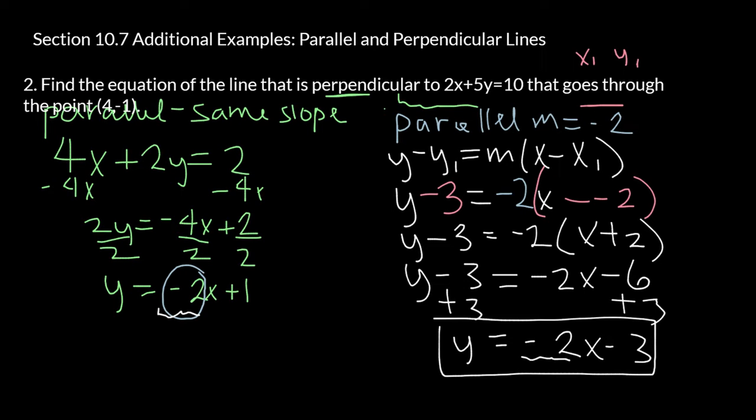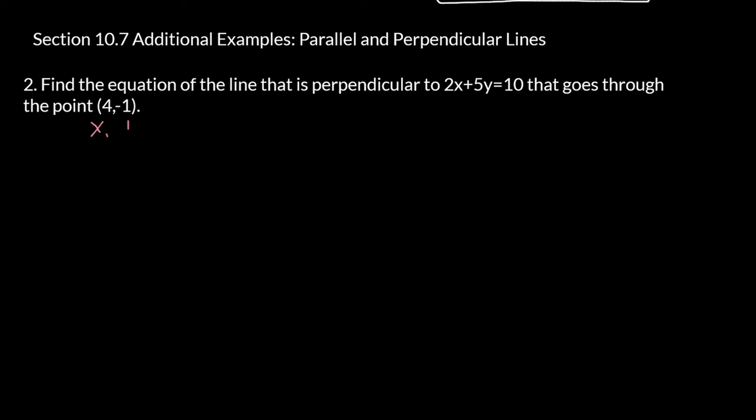Now a similar example: find the equation of a line that is perpendicular to the line 2x plus 5y equals 10 that goes through the point (4, -1). We're going to work this out kind of similarly. The point that we want is (x1, y1). And then we have a line to start with, but now we know that our new line should be perpendicular to this one. Let's start by finding the slope of that line that we have. So 2x plus 5y equals 10.